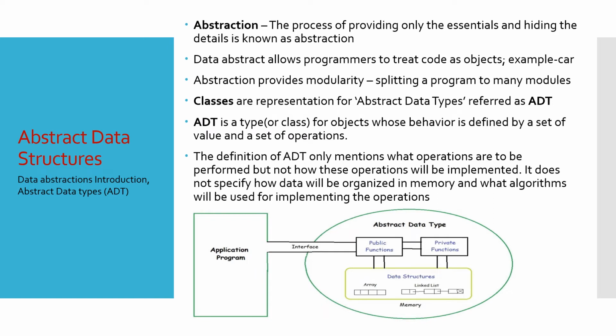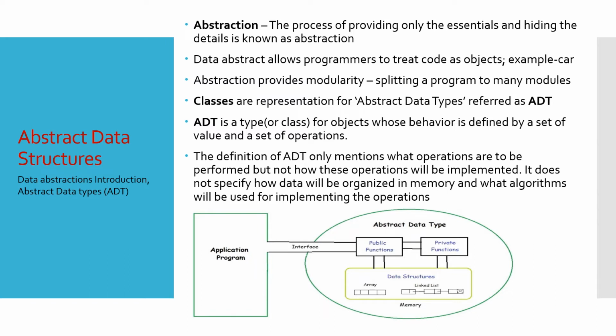The definition of ADT only mentions what operations are to be performed. For example, as I spoke in the other video, when you're doing an operation such as an addition, 1 plus 2 is equal to 3, ADT helps to define those operations, but it doesn't care about how these operations get done.